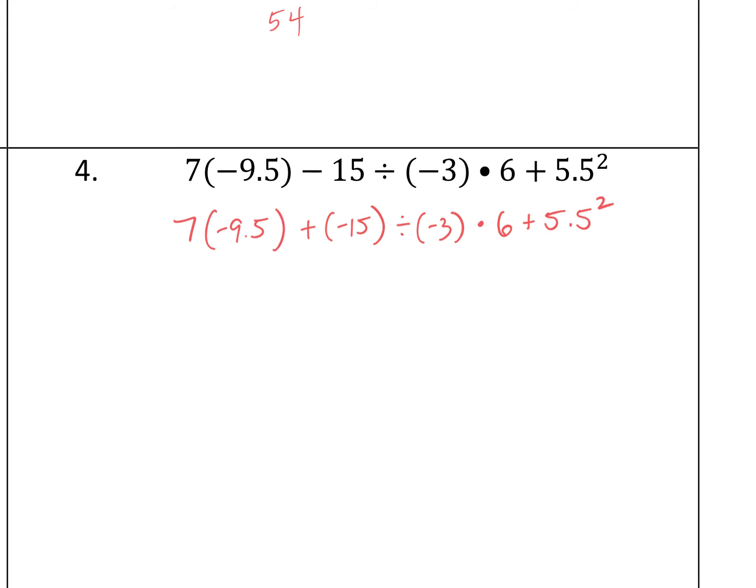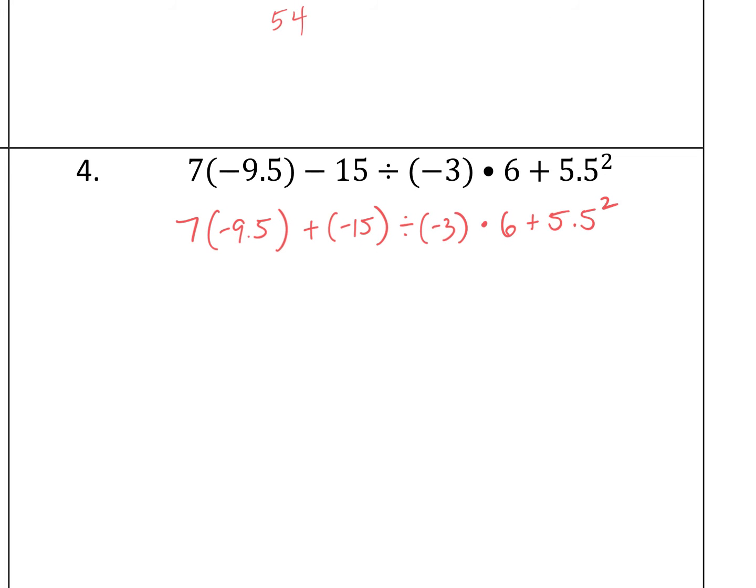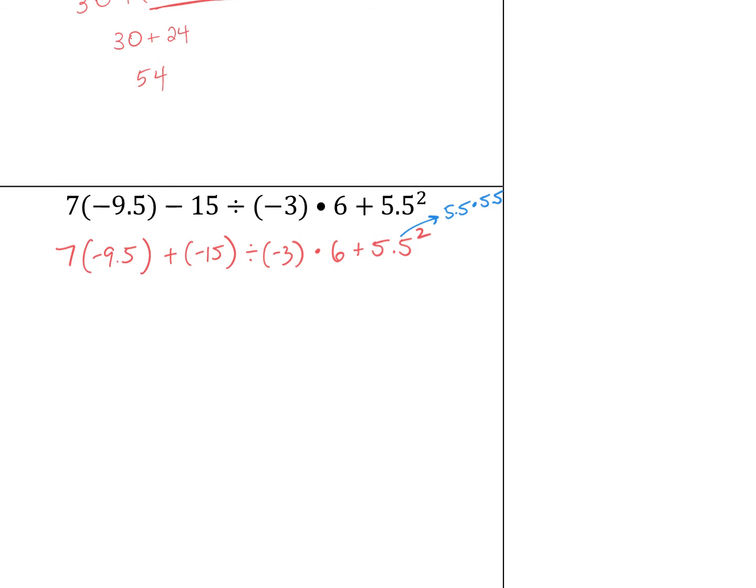All right, so from here, of the operations I listed, I know I need to do exponent first. Remember, it's not 5.5 times 2, it's 5.5 times 5.5. So I'm going to do that math off to the side.